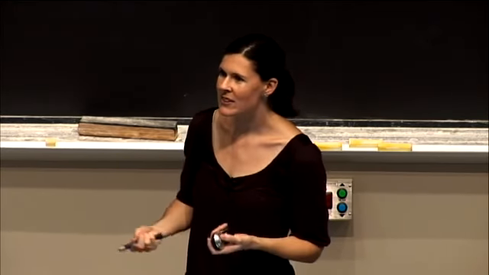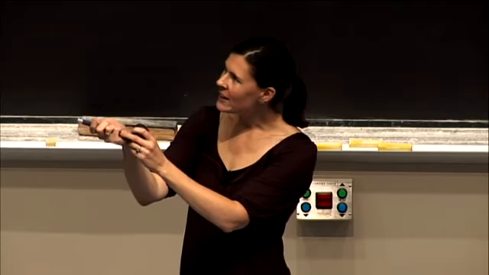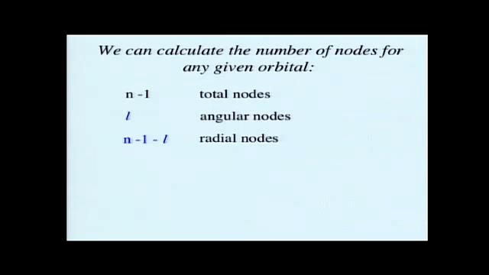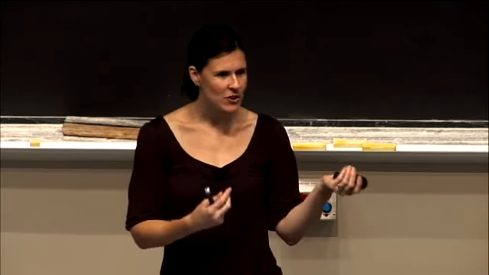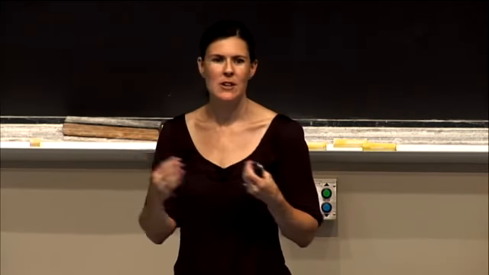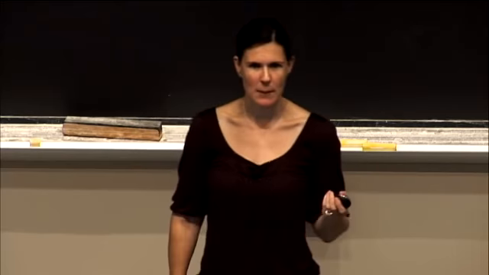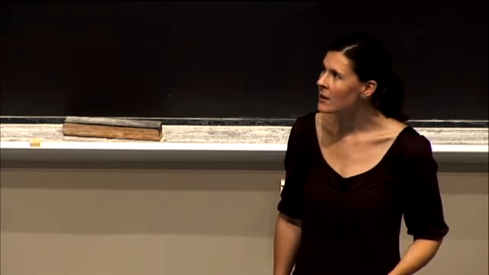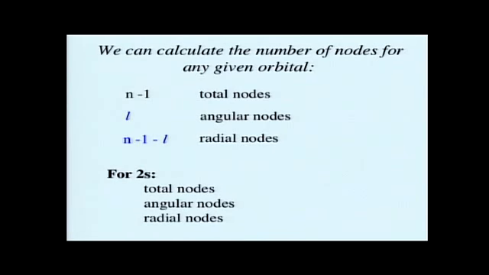And the equation you can use for radial nodes, which we talked about last time, is just n minus 1 minus L. You can go ahead and use that equation, or you could figure it out every time, because if you know the total number of nodes and you know the angular node number, then you know how many nodes you're going to have left. So you don't really have to memorize that. Let's go ahead and just do a few of these. They're pretty straightforward to do, and it gives us an idea of what kind of nodal structure we can expect in an orbital.